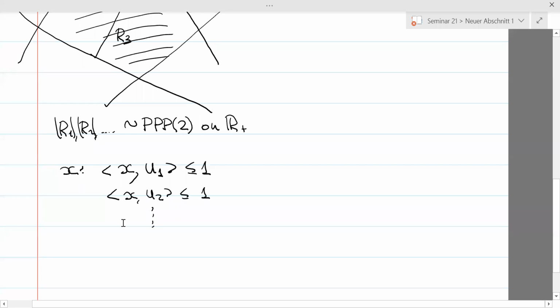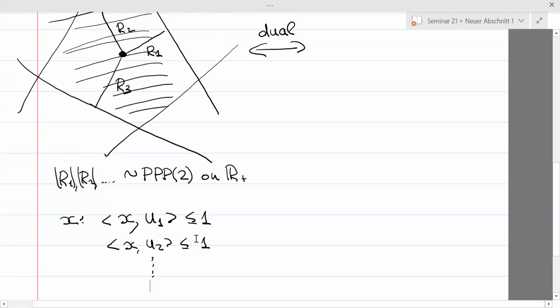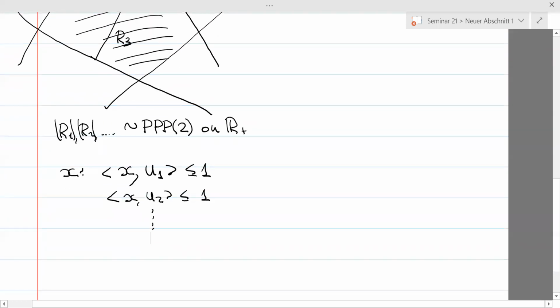This is a form in which a general polytope, let's say containing the origin, can be defined. So a polytope is a set of points which satisfy inequalities. The dual polytope is the set of inequalities which are satisfied by these points. More precisely, the dual polytope is the set of all u such that x u is smaller than 1 for every x in the polytope. So this is our polytope P.